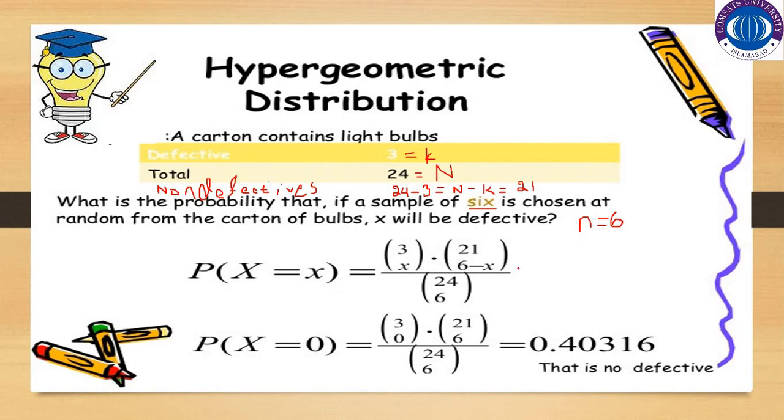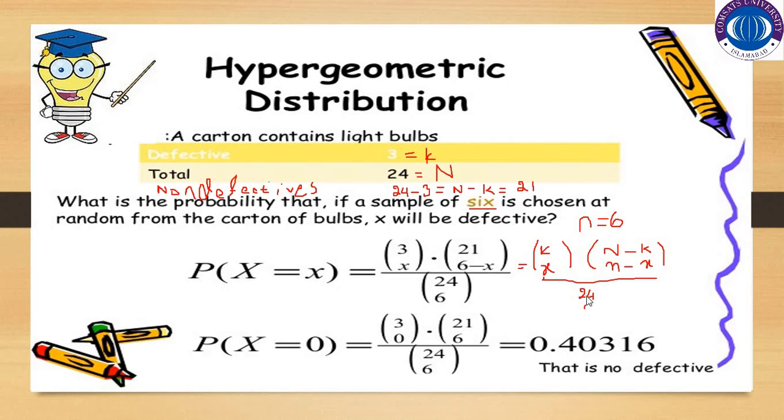So according to the hypergeometric distribution, the probability mass function will be K C X times N minus K C small n minus X, divided by 24 C 6.